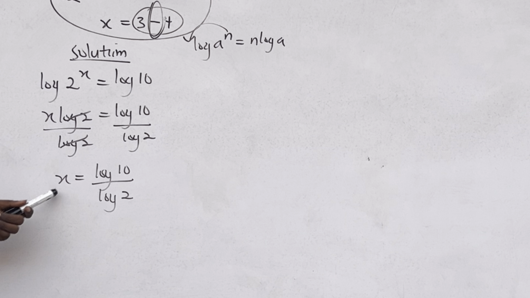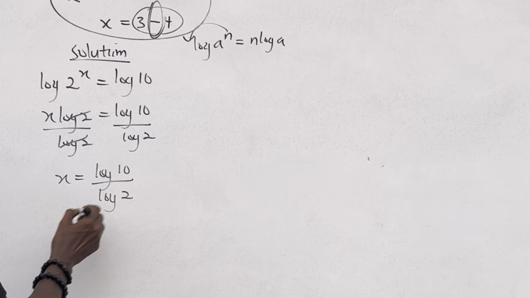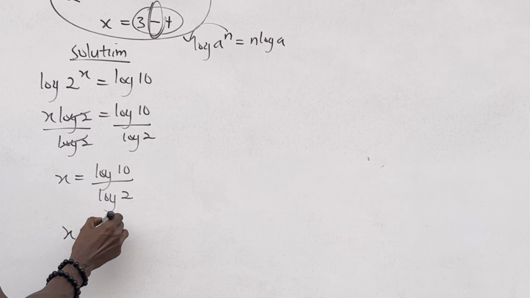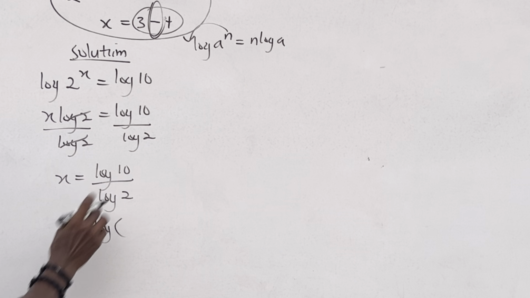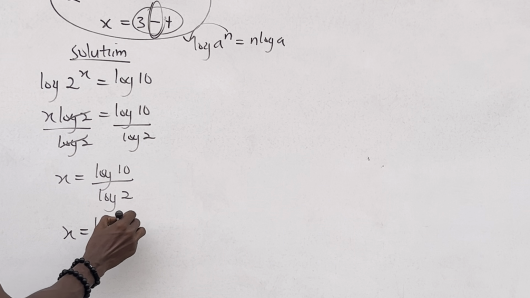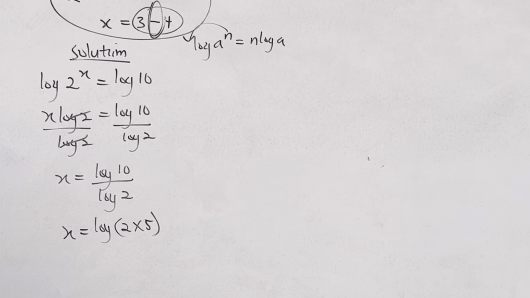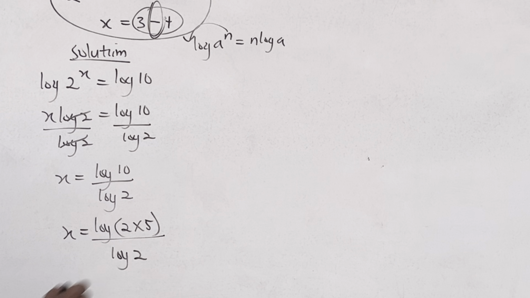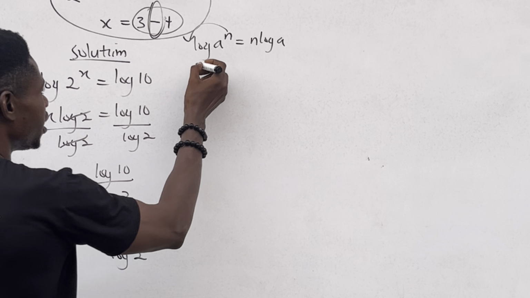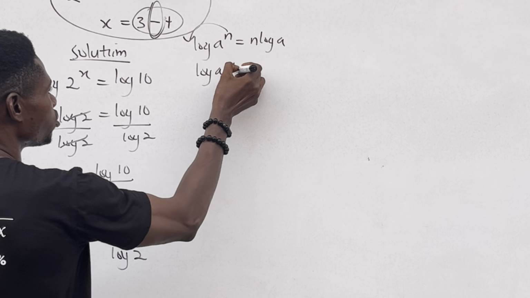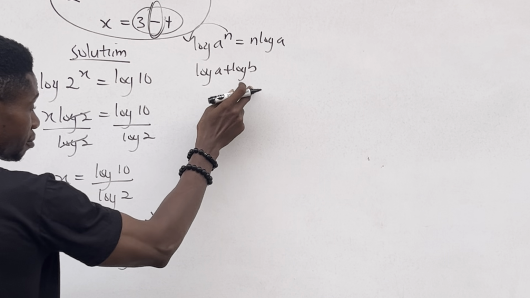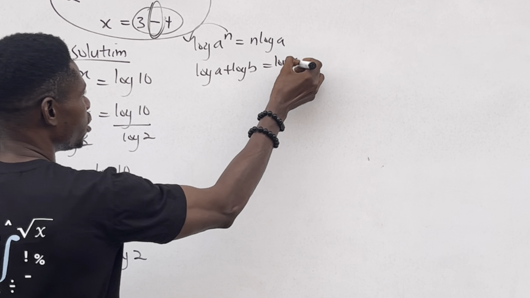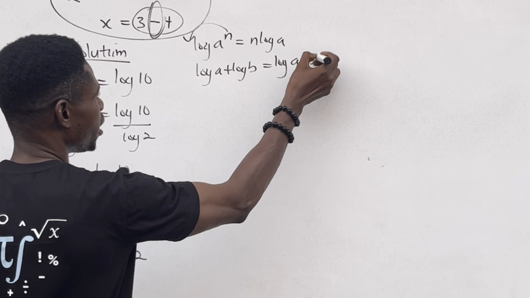Okay, so that's our x. But we can simplify this further so that our x becomes, log 10 itself can be written as 2 multiplied by 5, right? Over here we have log 2. Now, another law of logarithm says if you have log a plus log b, this can be written as log a multiplied by b.